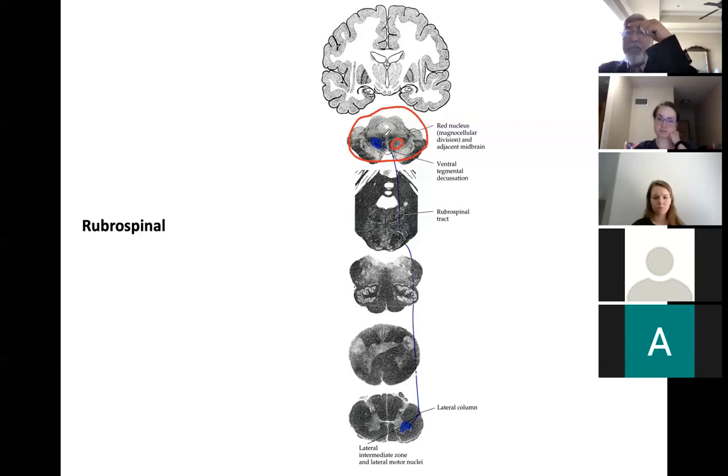This one, if we tag two sides, one end is in the red nucleus, the other end is in the spinal cord. So we call it rubrospinal. Is this origin a cortical origin? No, it is a subcortical origin. So this is an upper motor neuron with subcortical origin, rubrospinal, because it began at the red nucleus in the midbrain and ends up in the spinal cord.